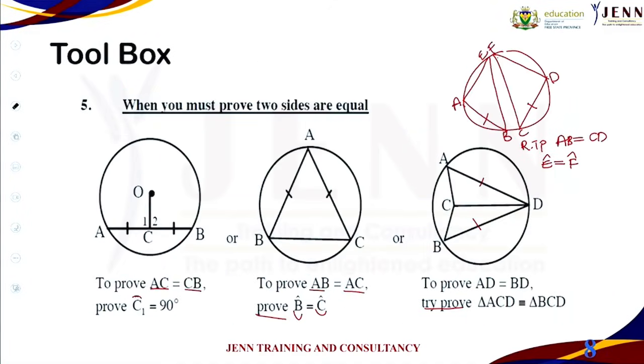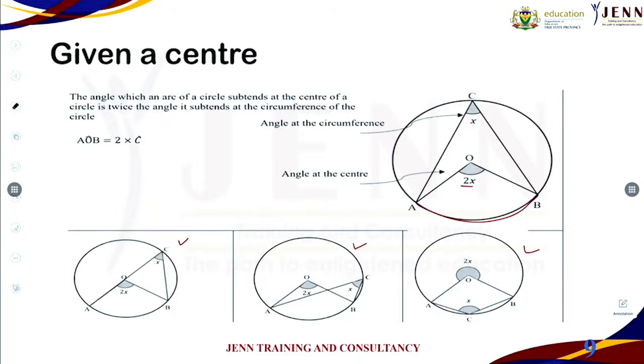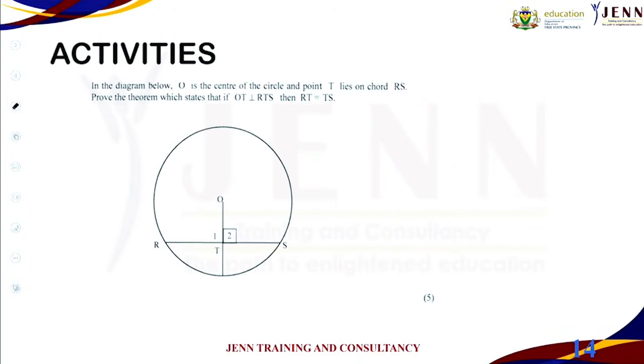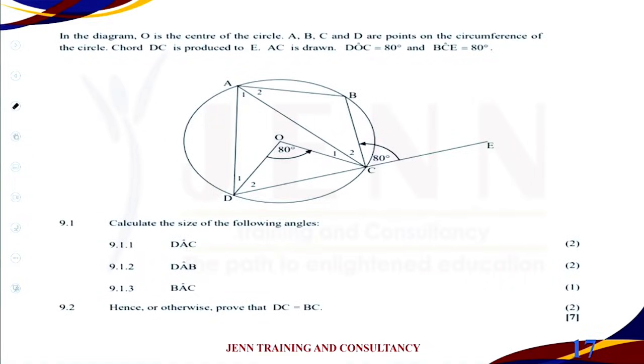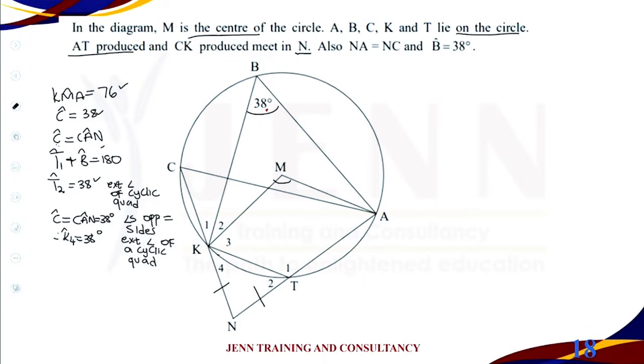For us to prove that this side is equal to that side, I must prove that angle B is equal to angle C. That means I must prove that triangle ABC is isosceles, by proving that the size of angle B is equal to the size of angle C. That is why, whenever you attempt to answer these questions, you must always refer back to your tools.